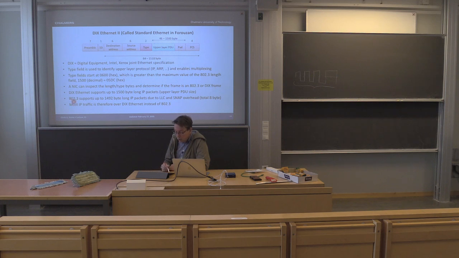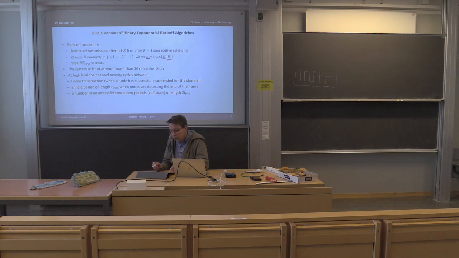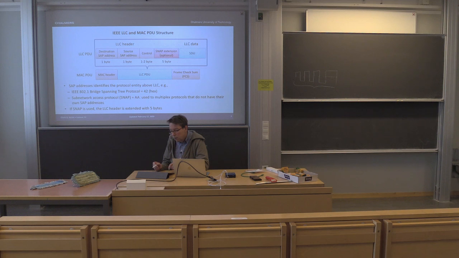And then 802.3 now, how many upper layer bytes, network layer bytes, can it support? Well, it can support 1492 bytes. And why is this? Well, if we go back here, we see that we can have 1500 bytes of payload in an 802.3 frame, but in this payload, we have 8 bytes of control information due to the LLC, and above the LLC, we have this as a payload.